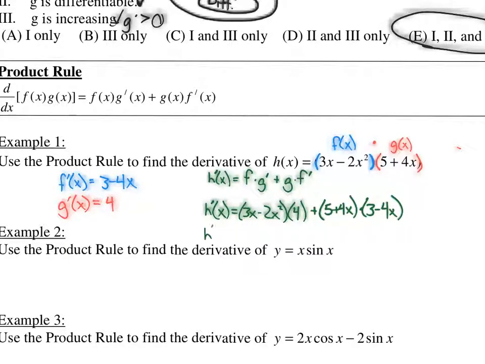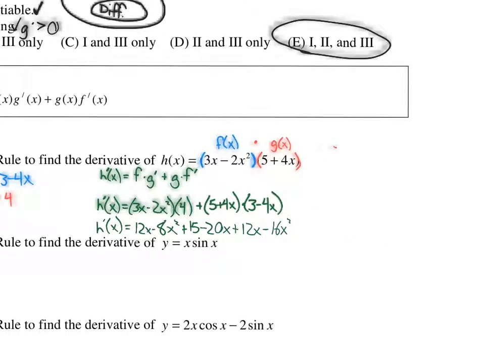So h prime of x is 12x minus 8x squared, plus, and we FOIL the second half there, 15 minus 20x plus 12x minus 16x squared.